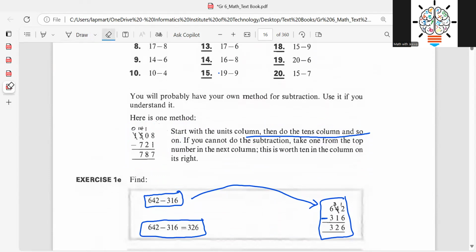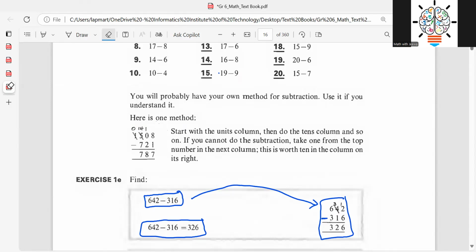So here you want to understand that 1508 minus 721. That means 721 is subtracted from 1508. What are you going to do? 8 minus 1, 7. From 0, can you deduct 2? No, you can't.